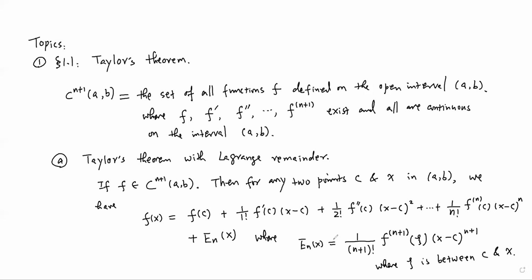One special case about this formula. Let me give a name to this formula. Formula 1. One special case: C is 0.